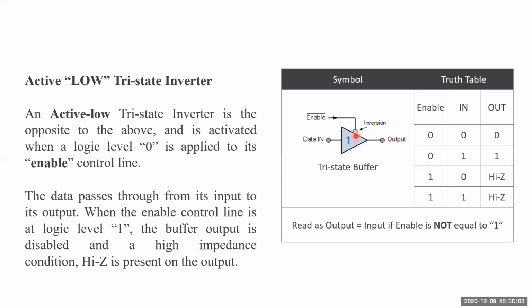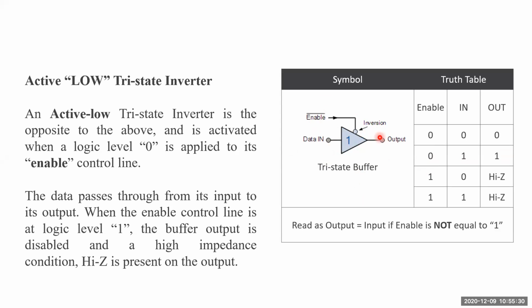But whenever enable equal to 1, the inversion takes place. Because of this inversion, the switch which was closed will now become open, and the disconnection takes place between the input and output. Whenever a disconnection takes place, whatever input you supply as information at the input level will not be passed to the output level, because there is no path to pass that information from input to output.